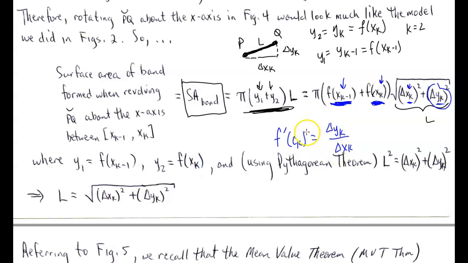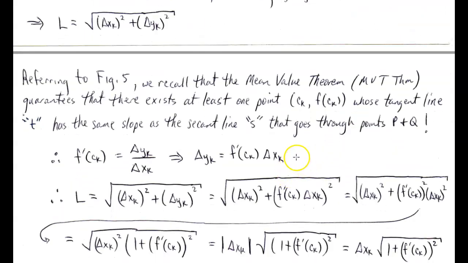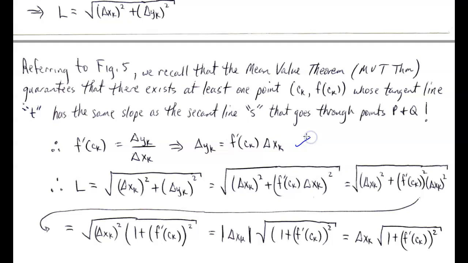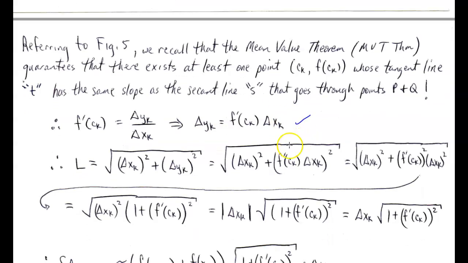So we could rearrange this equation to rewrite delta y sub k in terms of the derivative of our original function f of x at this value c sub k and delta x sub k. And so when I take delta y sub k and plug it in, I get this.